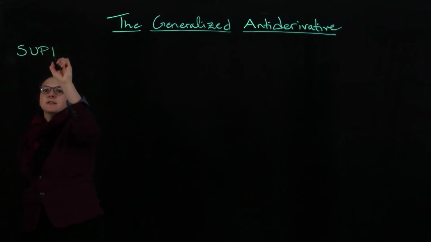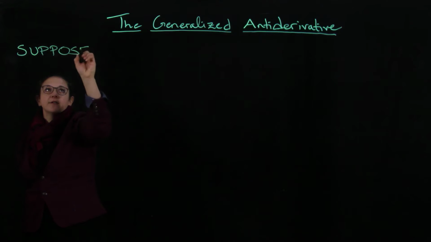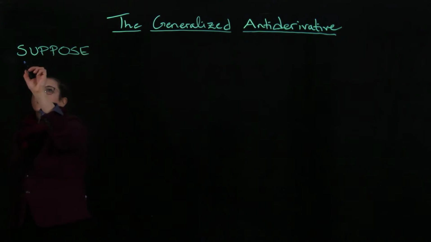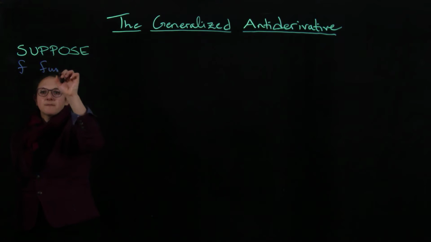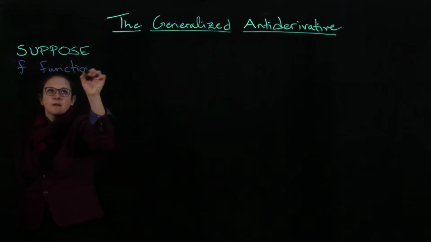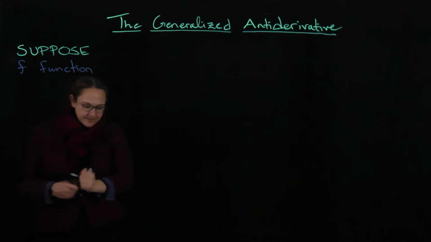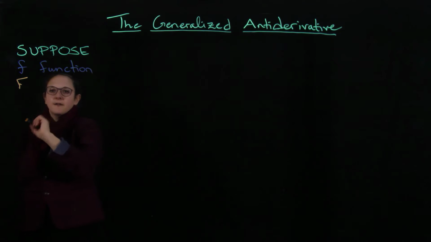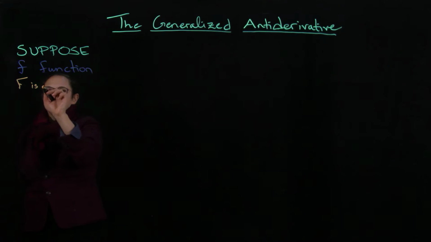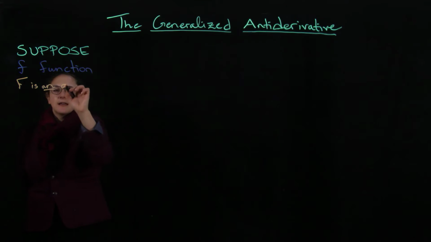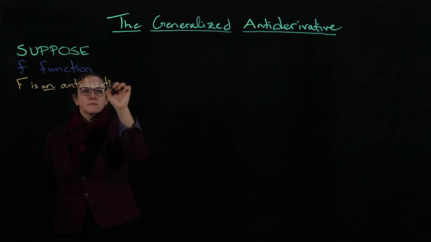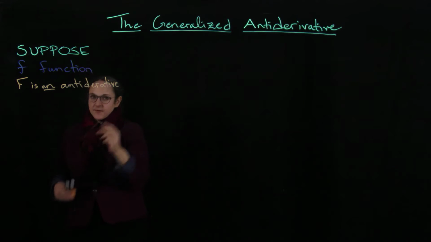So this is our setup again. Suppose we have that f is a function, and we have some antiderivative. So we have that big F is an antiderivative of this function f.